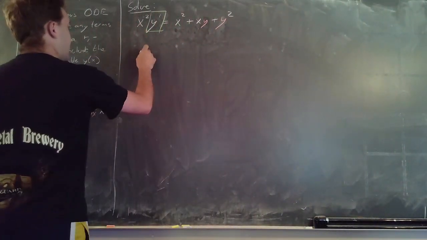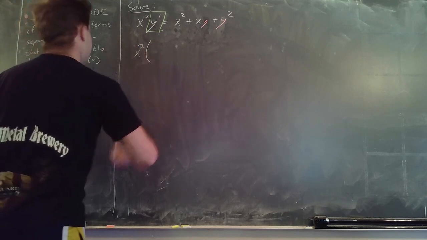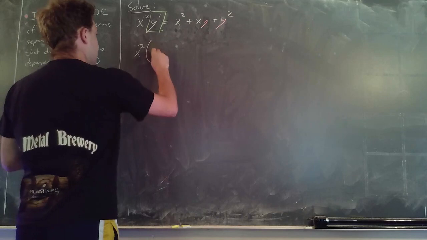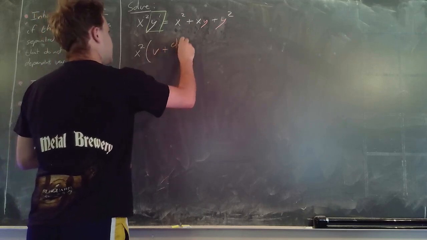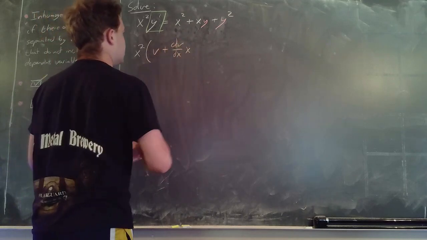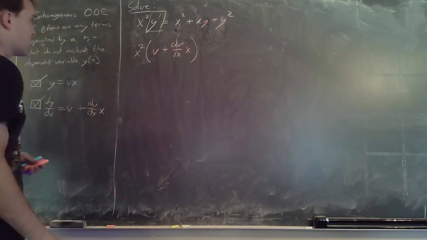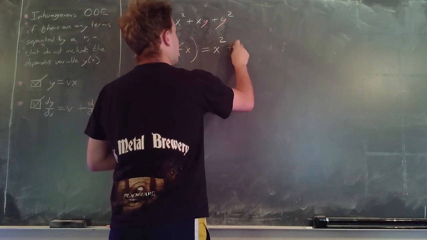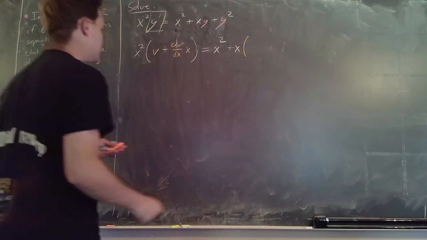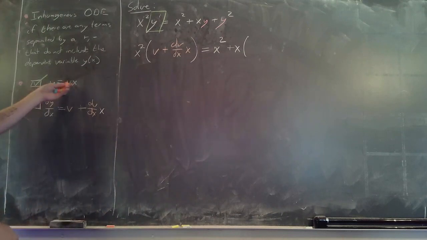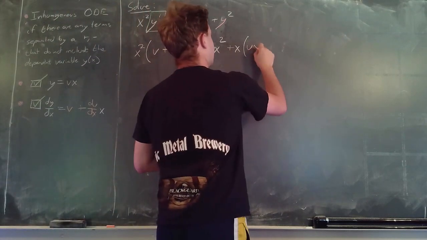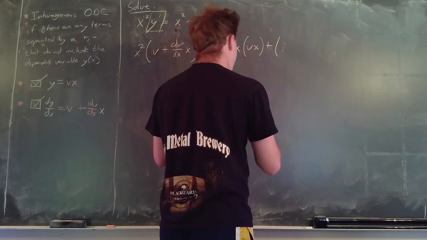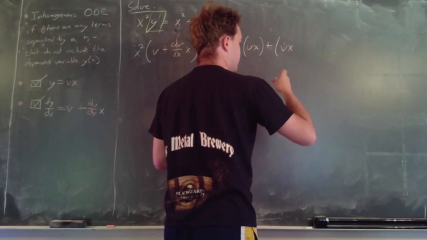So first of all, I have x squared times dy dx, which is this v plus dv dx x term, is equal to x squared, which does not change under our substitution, plus x, which does not change under our substitution, but we know that y is v times x under our substitution. So I'll have x times vx plus, and then y is vx under our substitution, squared.